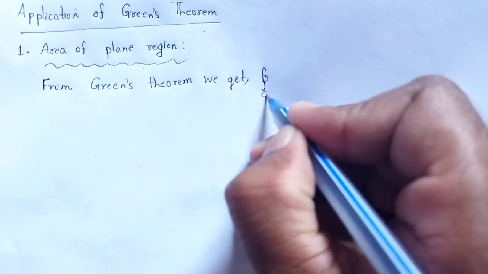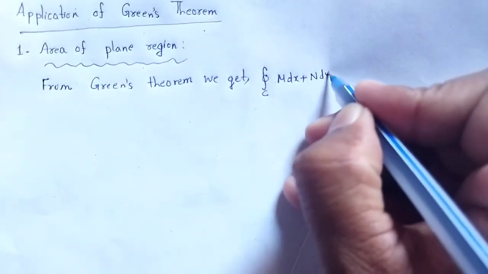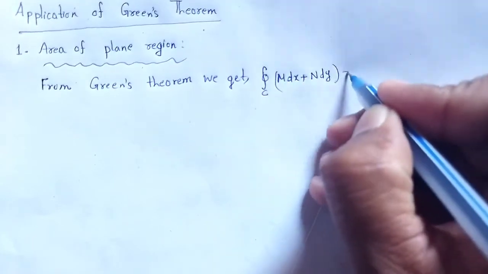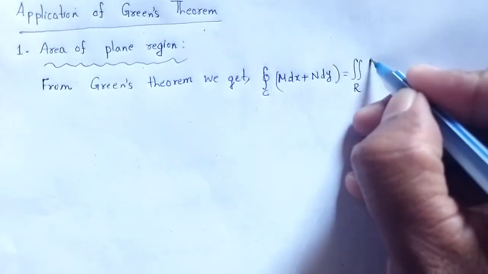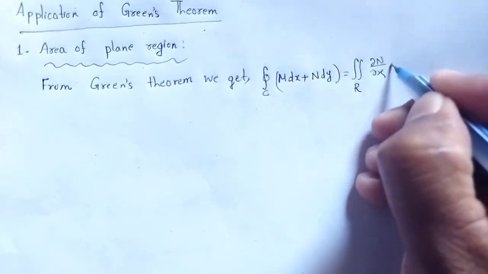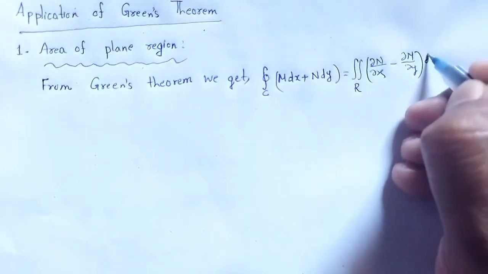Integration over C of m dx plus n dy is equal to the double integration, that is surface integration over R of del n by del x minus del m by del y dx dy.